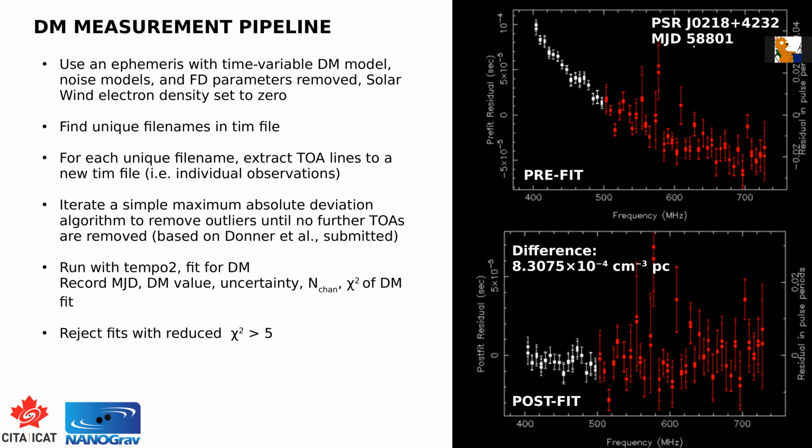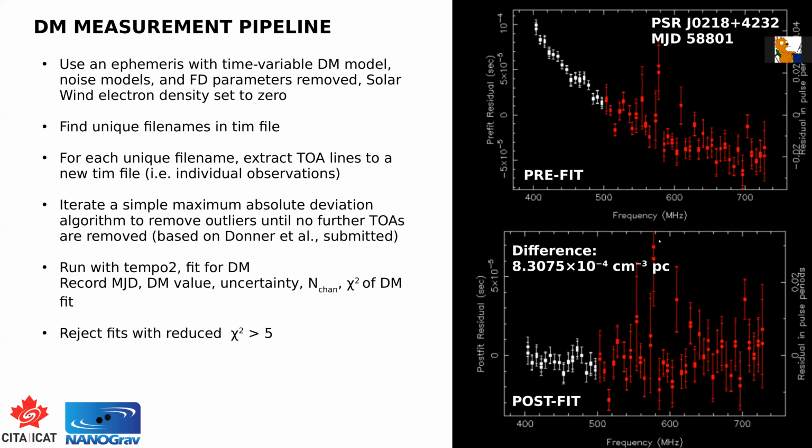The example I'm showing here uses J0218+4232, where before the fit, we can see this very typical looking frequency to the -2 trend in the residuals as a function of frequency. So we just simply fit for that, and we get our DM that way.